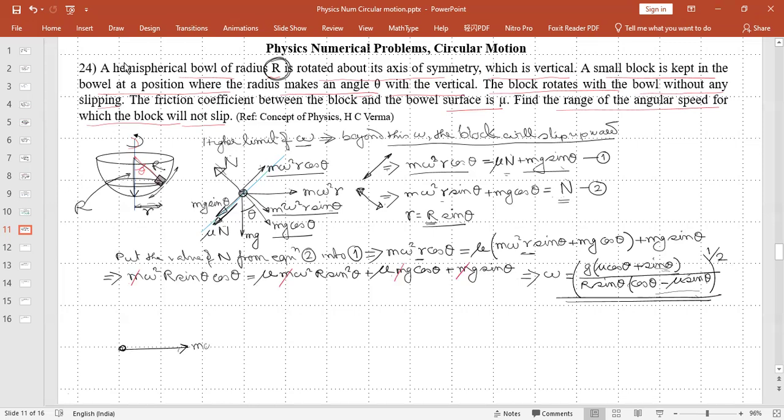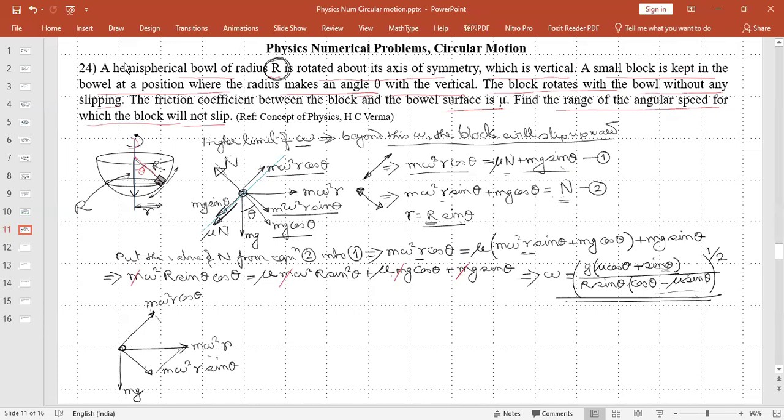This is m omega square r, this is mg downward, and along the slope, the component of m omega square r is m omega square small r cos theta, and perpendicular to the slope, if we draw this way as a parallelogram, that will be easy to remember, this is m omega square r sin theta.